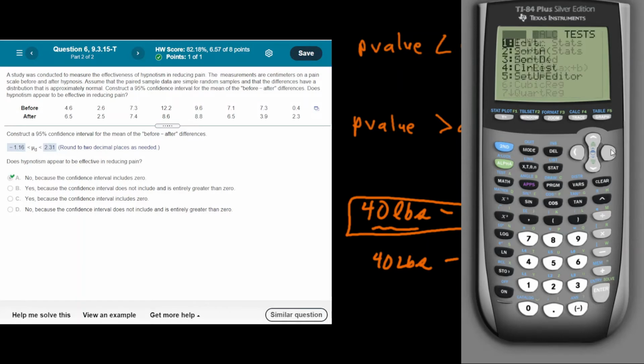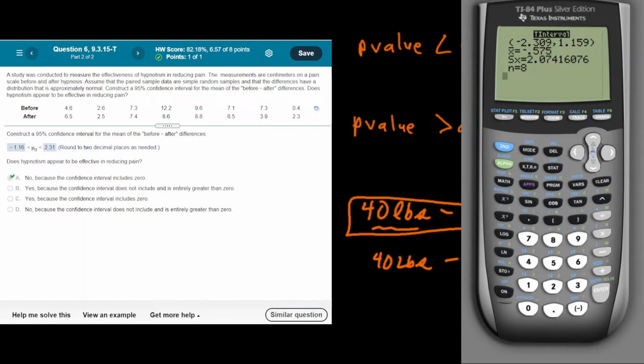Stats, tests, not t-test but T-interval. Hit enter, we're choosing 95, calculate. And we get negative, yeah, it's completely different. So for this particular question, and I wish I had more insight into this, if they don't define it for you, you're going to choose L1 minus L2 every time, because you can see they give us two different answers. That sucks, but whatever.